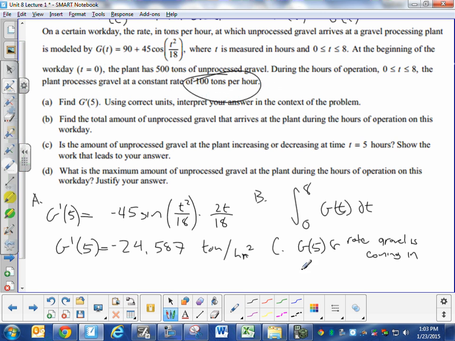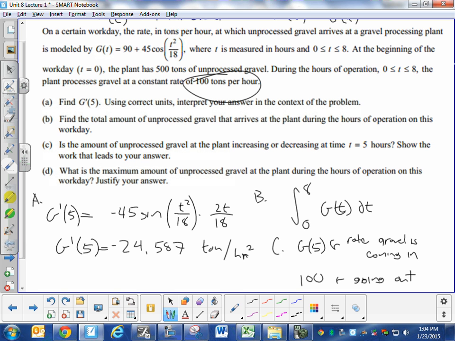So you've got to find G of 5 and compare it to 100. So what's G of 5? Plug it into your calculator. 98.14. So are we increasing or decreasing? Decreasing, because the 100 is bigger than G of 5.